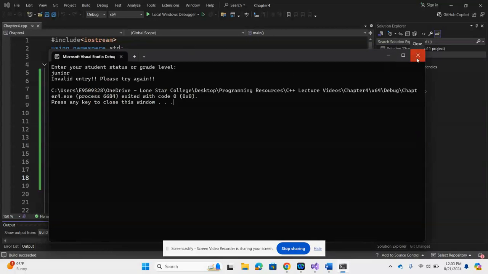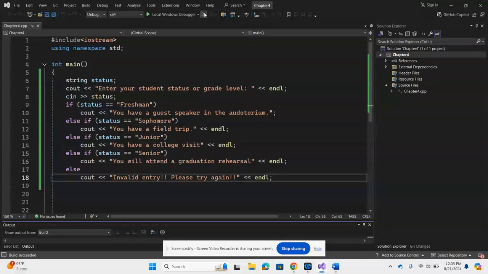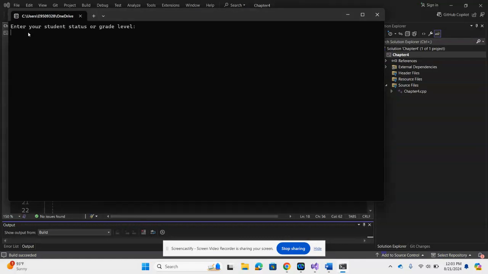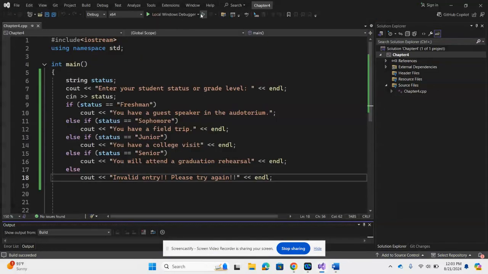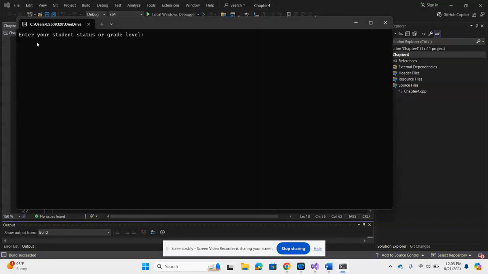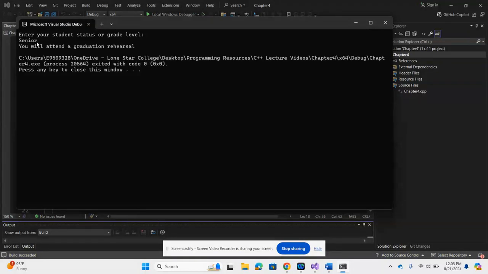So you have to be careful about that. So I need to make sure that it is spelled exactly how it is. So Junior, oh, you have a college visit. And then finally, if I enter senior, then you will attend the graduation rehearsal.